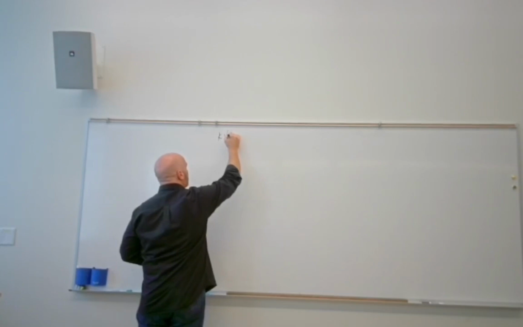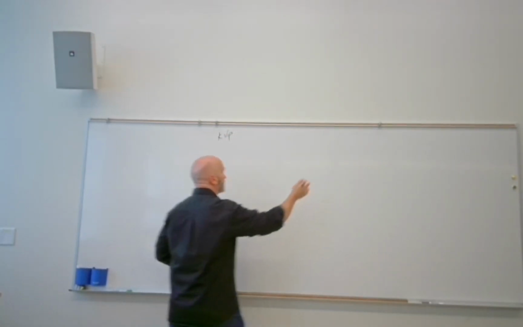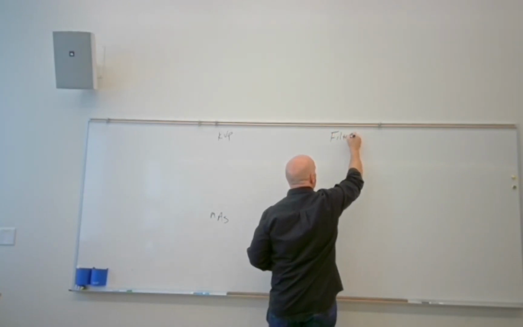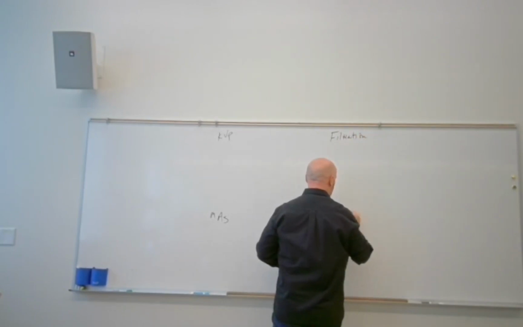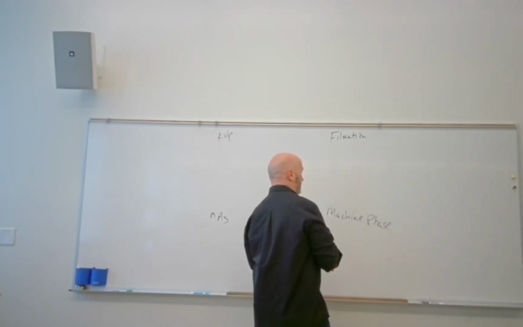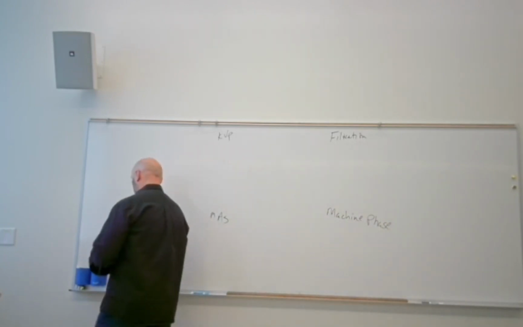We'll say kVp, and then we'll say mass, and we'll do filtration, machine phase. What am I missing? That's about it.